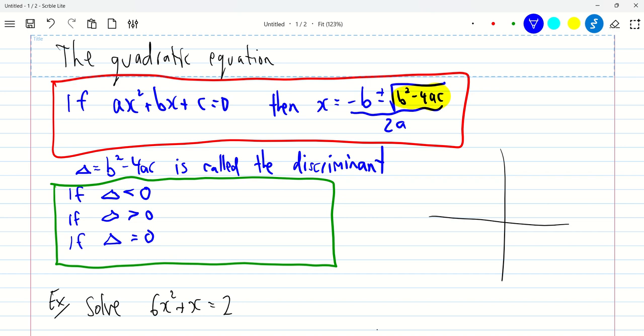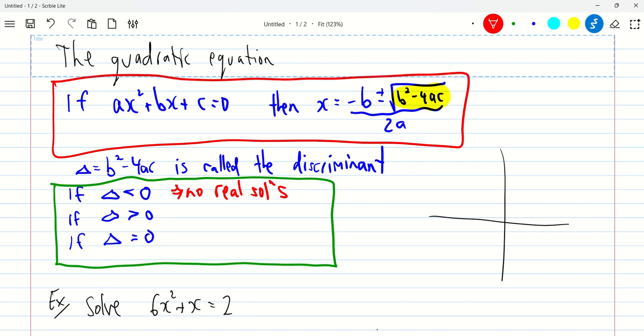If the discriminant is less than 0, then we're going to get the square root of a number that's less than 0, and you can't have square roots of negative numbers in the real world. So if the discriminant is less than 0, we get no real solutions.